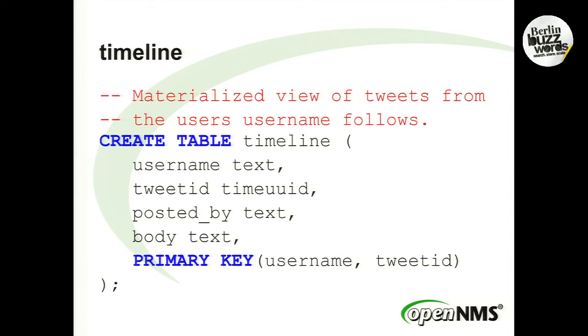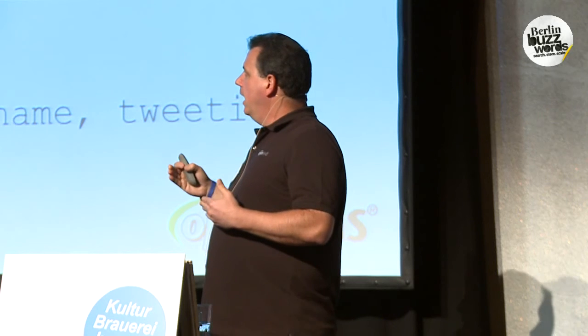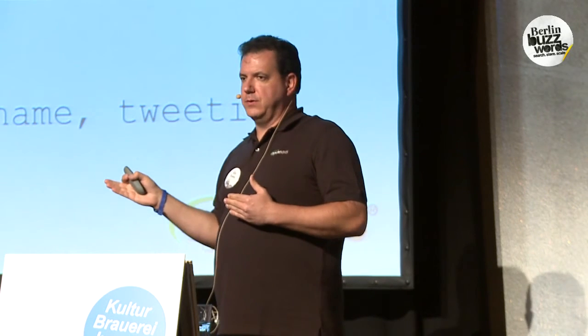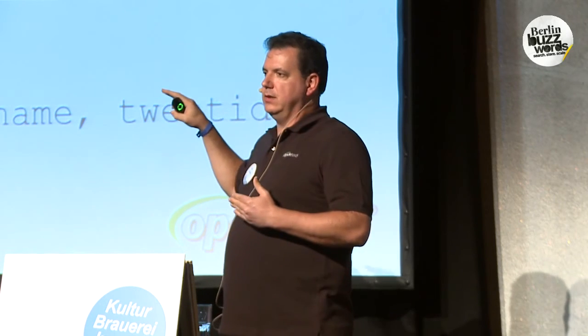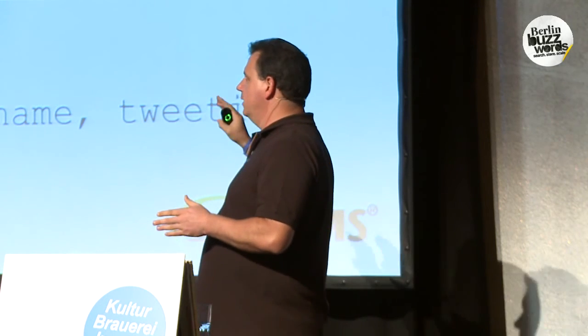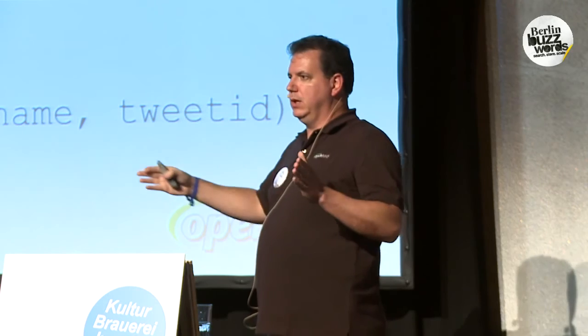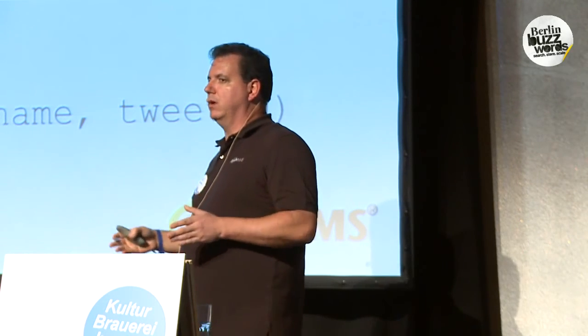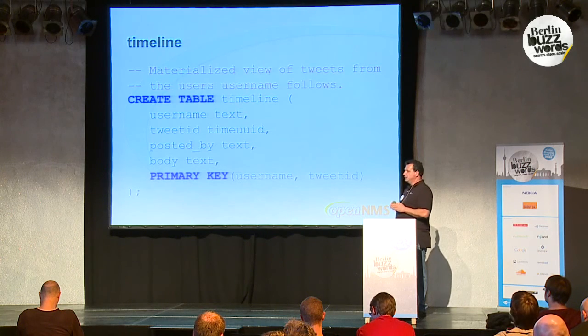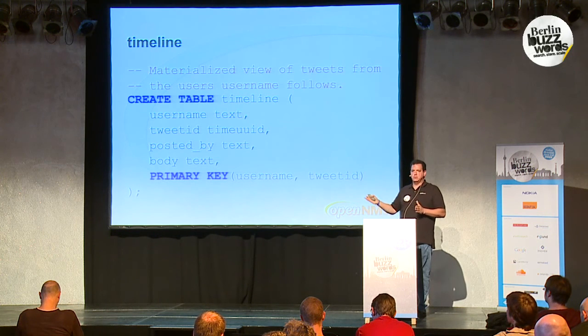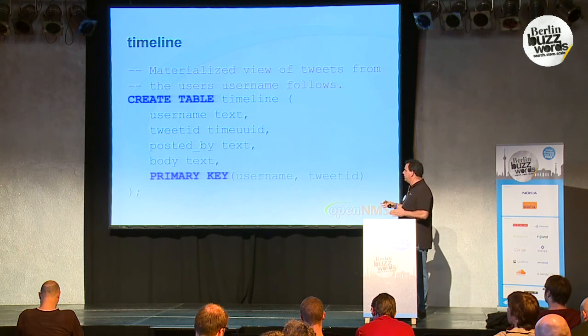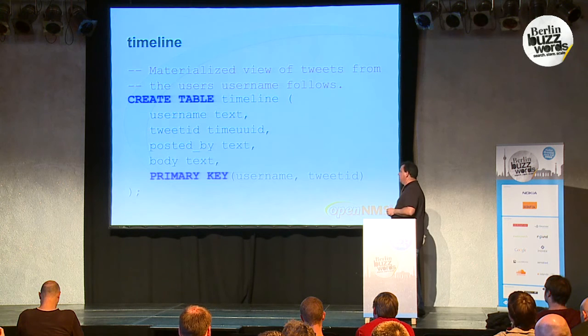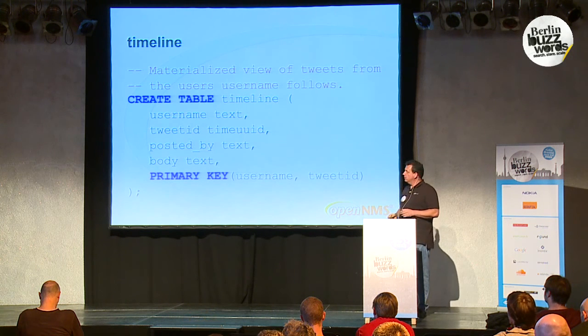The username in this case is the person we're going to display these tweets for, and since they're from a variety of different authors, we need a way of identifying the author as well. What we're doing in all of these cases is pre-computing a materialized view for the thing we want to look at. Here we're looking at a stream of tweets from a variety of different authors, so we need to add that additional attribute, but it's otherwise identical.